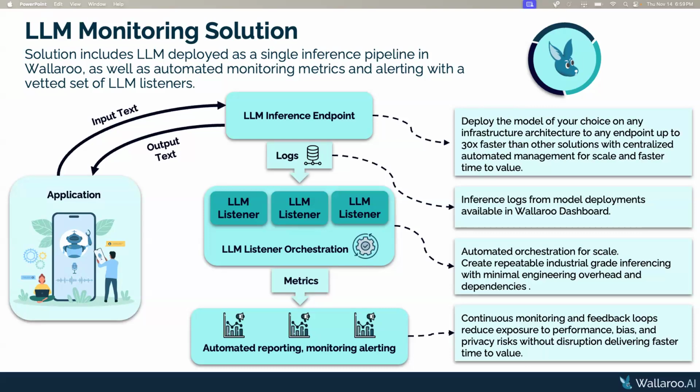This will give you a macro level look at how your LLMs are performing and what concerning trends you need to address, to inform things like, do I need to retrain? Do I need to augment my embeddings in my vector store?